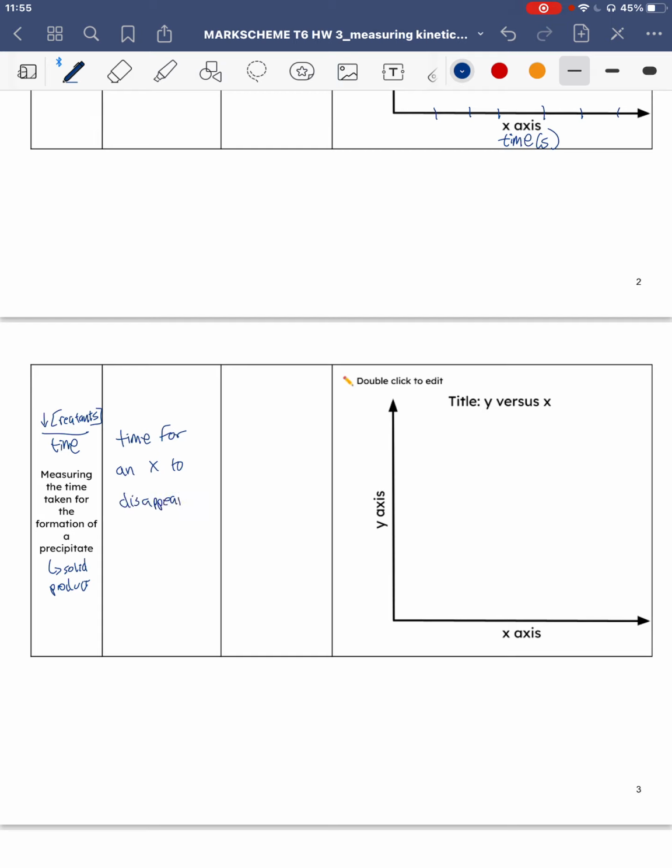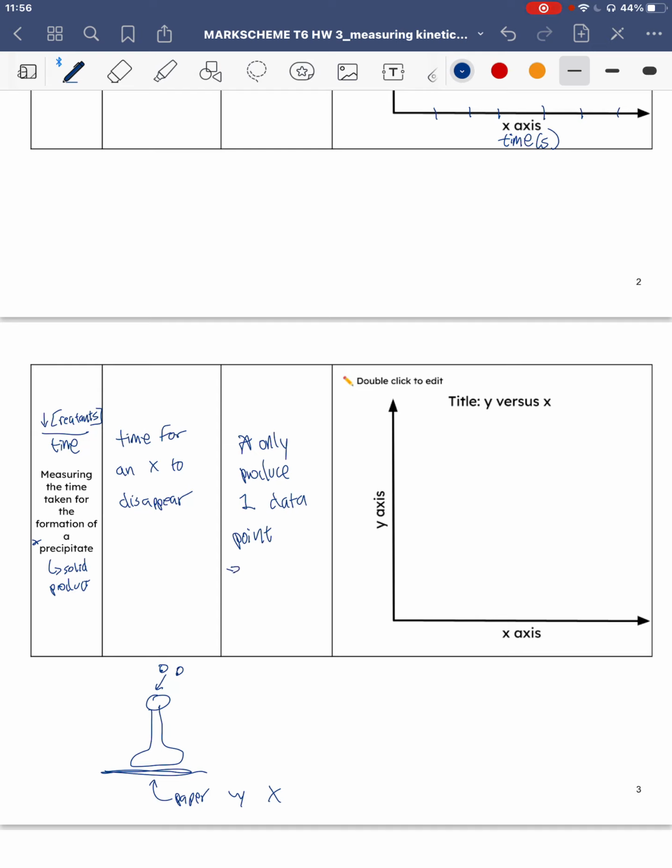Hopefully you remember that setup, that you have an Erlenmeyer, and then below it you have a paper with an X, and you look from above and wait for the paper or the X to disappear. And of course, it's going to disappear because you're forming a precipitate. You only produce one data point. You just have that time it takes for the X to disappear.